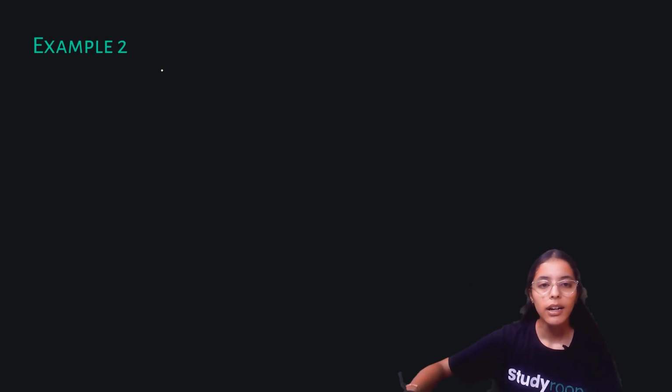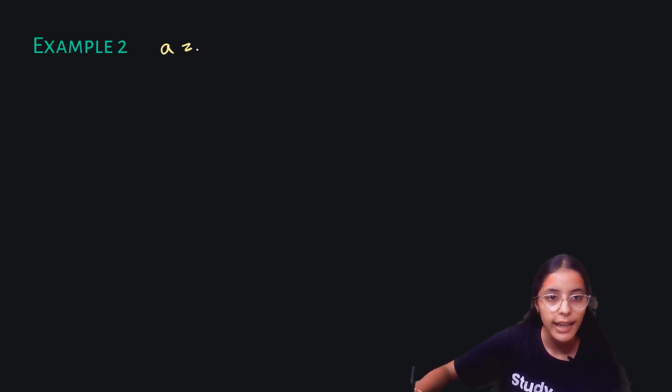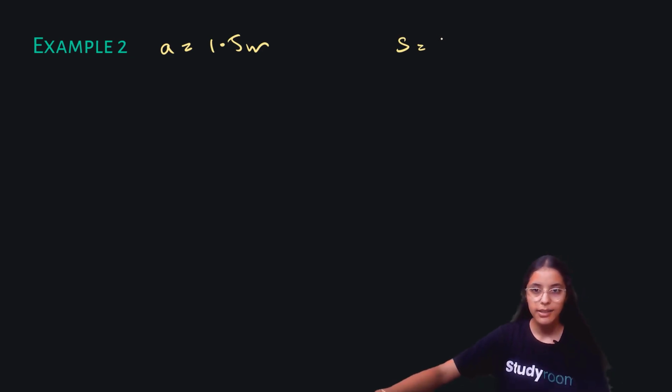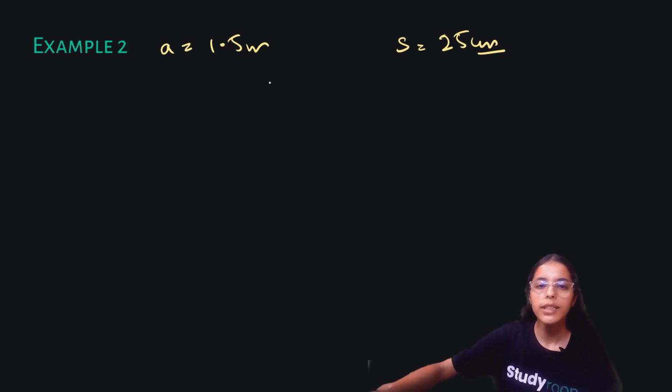In this we already know that a, the side of the cube, is given as 1.5 meter, and the side of the tiles is given as 25 centimeter. Now you can see the dimensions are different, so I'll convert my 1.5 meter into centimeter.